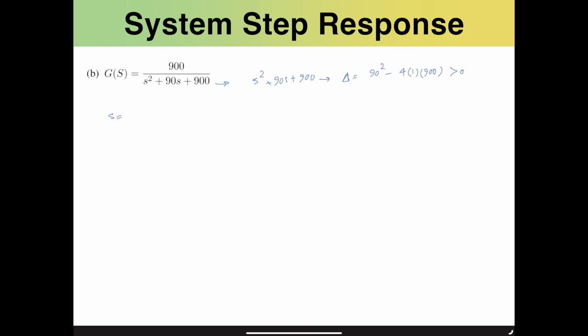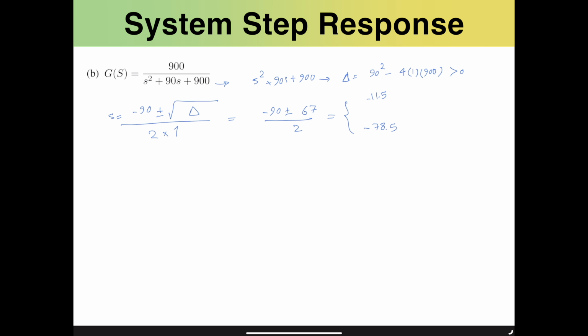So s is going to be minus 90 plus or minus the square root of that delta, divided by 2 times 1. If you simplify this, you get minus 90 plus or minus 67 divided by 2, which takes you to either minus 11 and a half or minus 78 and a half.